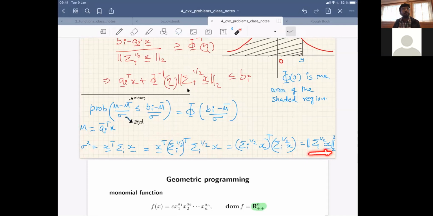Remember, our original a was a random vector.